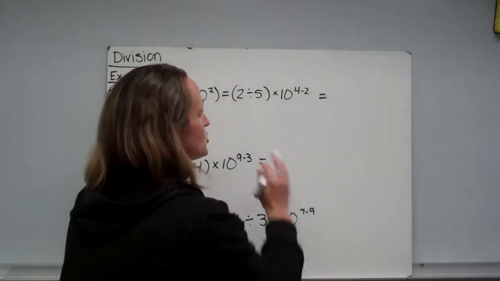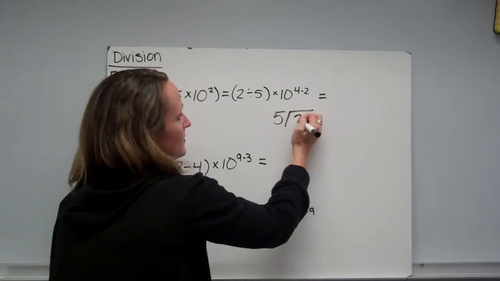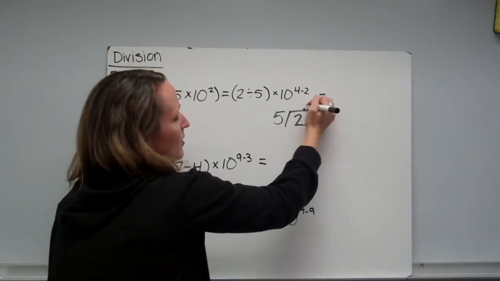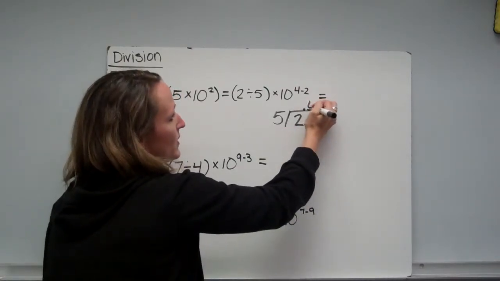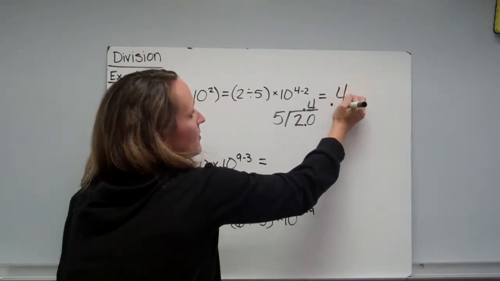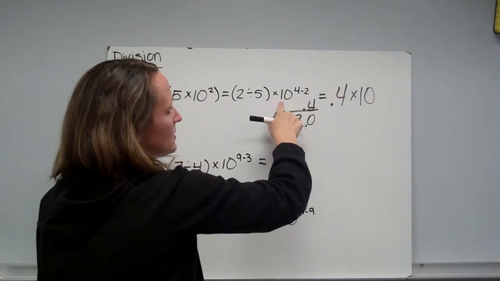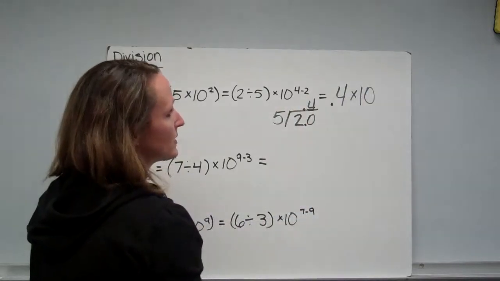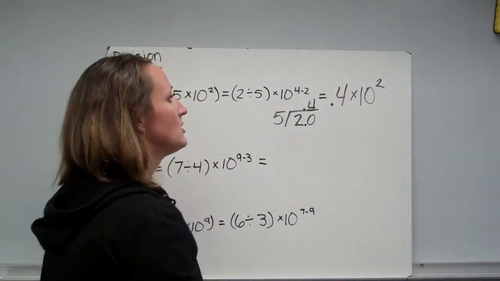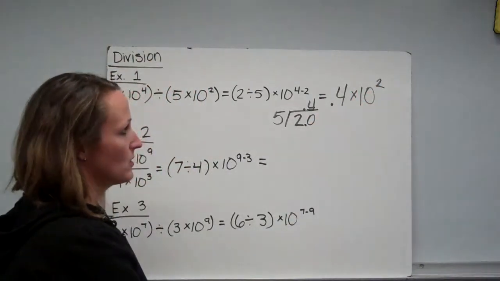Well, 2 divided by 5 is going to give you 0.4. So we're going to get 0.4 times 10. 4 minus 2 gives us negative 2. No, it doesn't. It just gives you 2. So we would get 0.4 times 10 to the 2nd power.